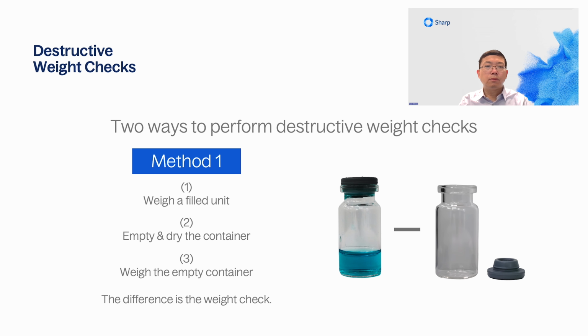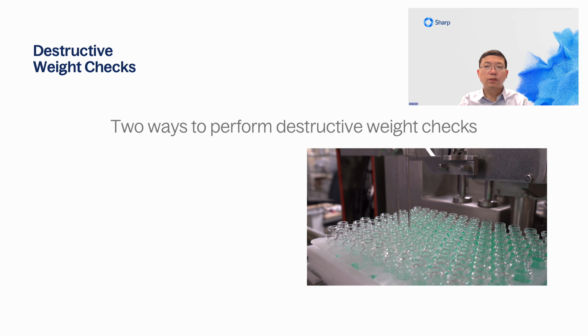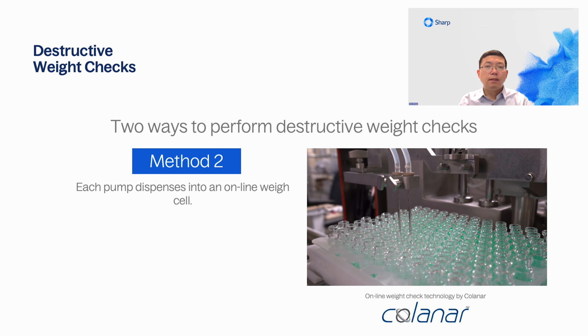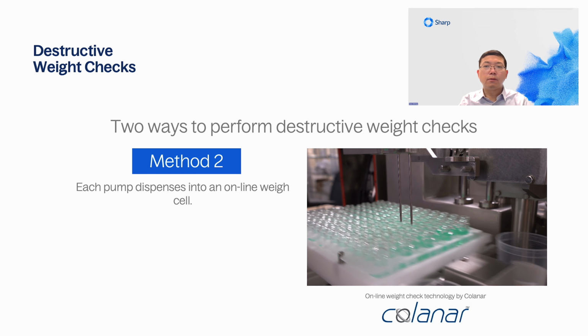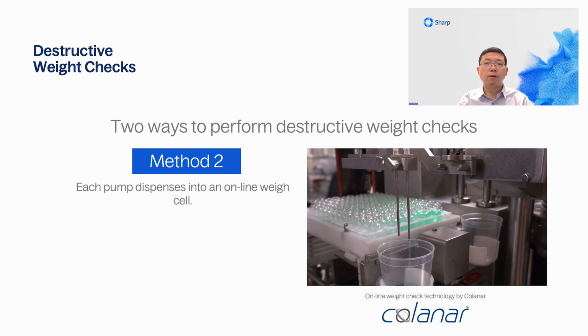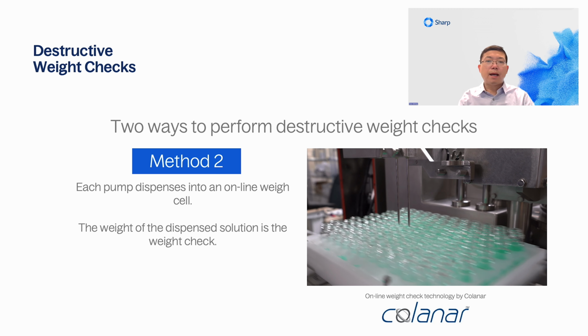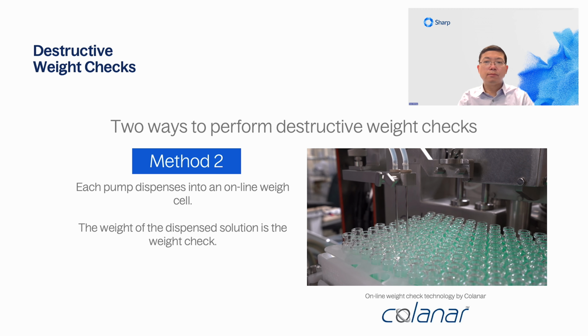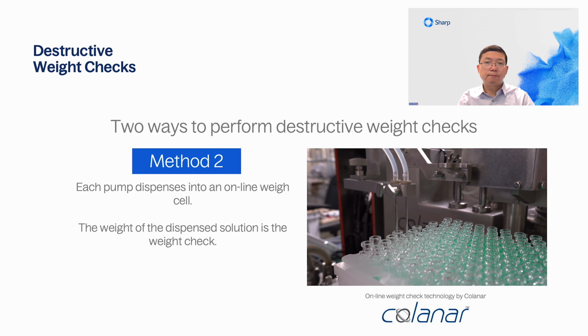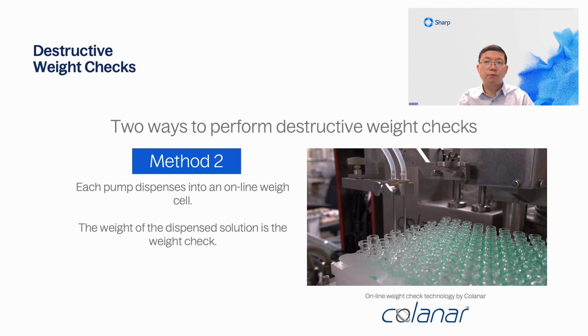You can also perform weight checks on the line. This is where each fill needle dispenses the set volume into a weigh cup. The mass of that dispensed volume is the weight check. The latter is much faster as it can be done on the line.